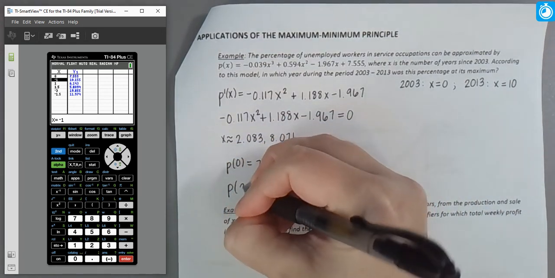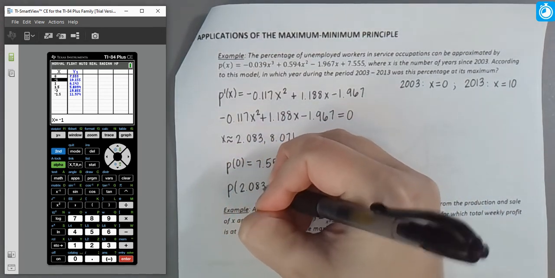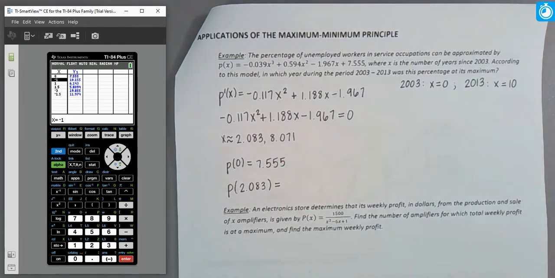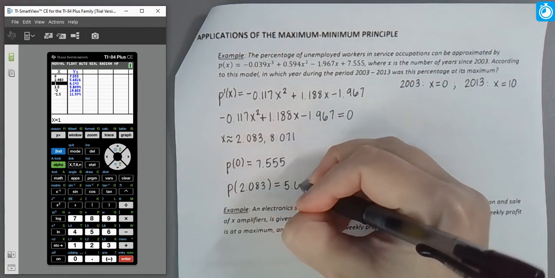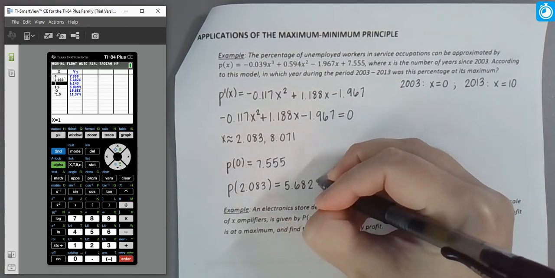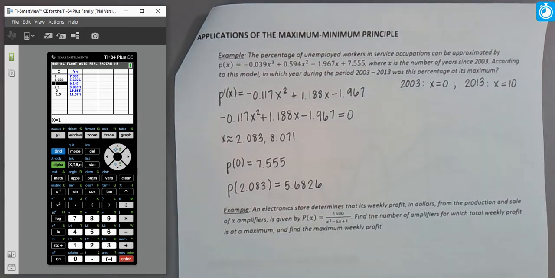Okay, let's check the next critical value. So P of 2.083, our critical value, has an associated y value of 5.6826.